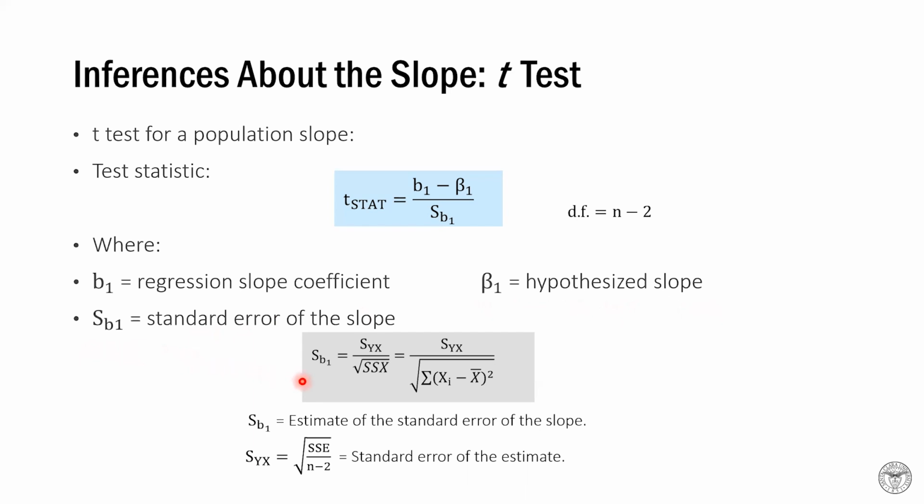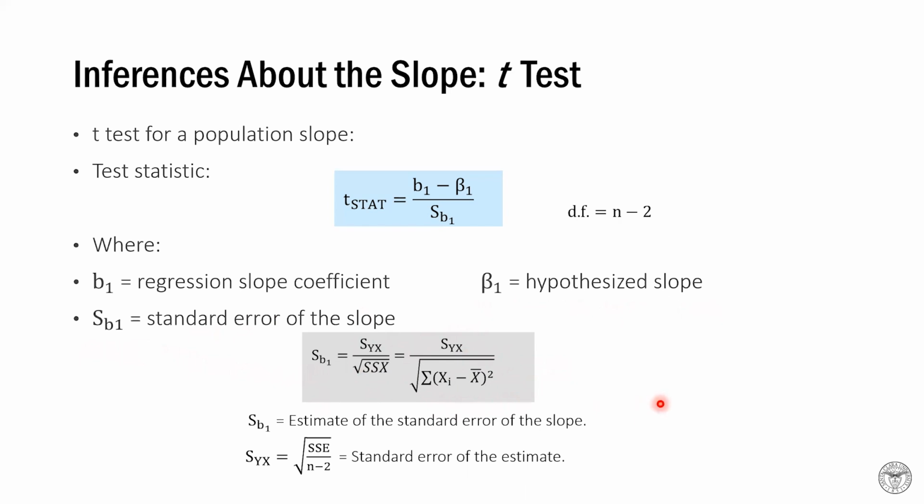Capital S sub b1 is the standard error of the slope. And capital S sub b sub 1 is equal to capital S sub yx over the square root of SSX, which is equal to capital S sub yx over the square root of the summation of parentheses x sub i minus x bar parentheses squared.